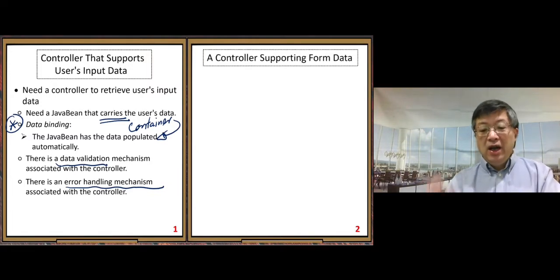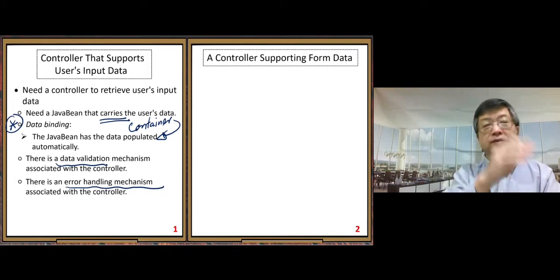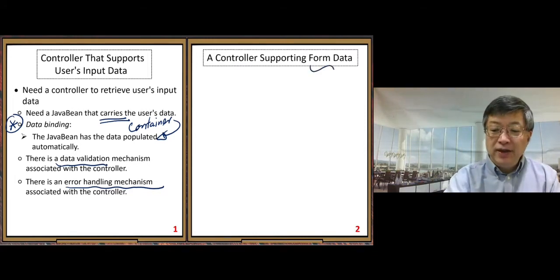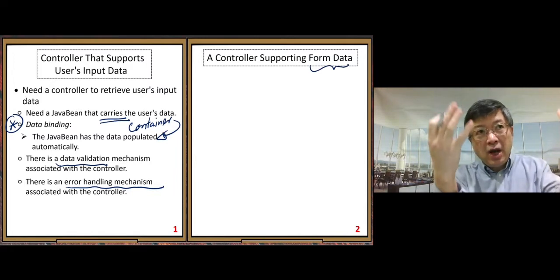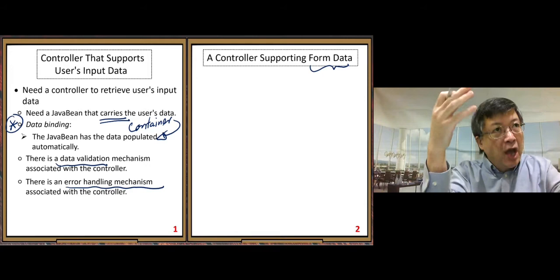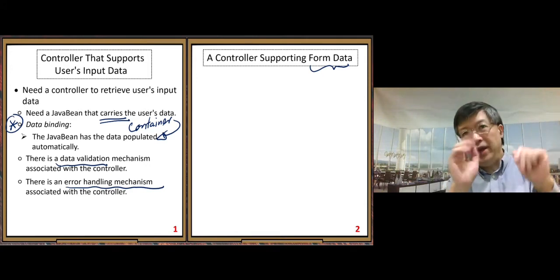All right, so now let's look at the controller. A controller supporting form data. Here, we assume the user input data comes from an HTML form, so we call it form data.